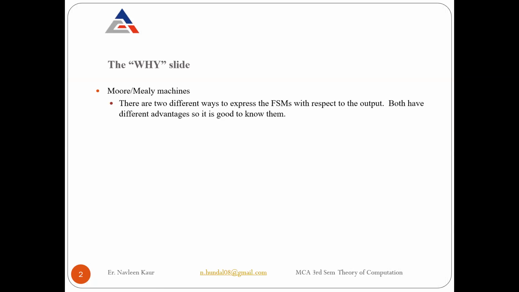This slide is asking us why we need to study these Moore or Mealy machines. These are two different ways through which you are able to express your finite state machines, or you can say your finite automata.